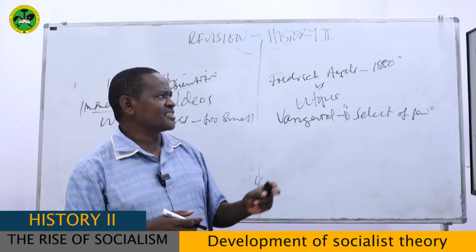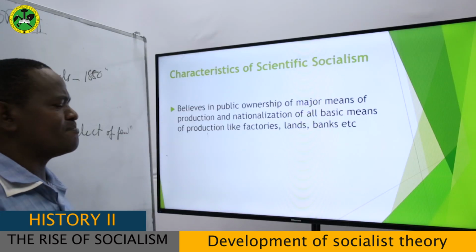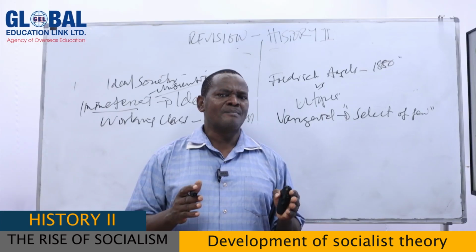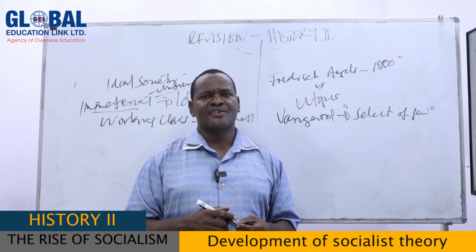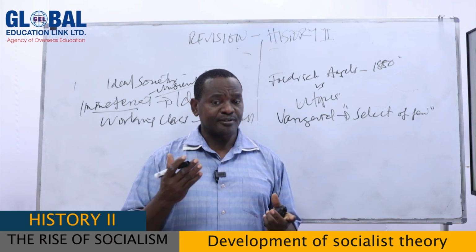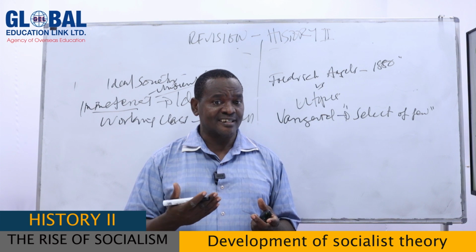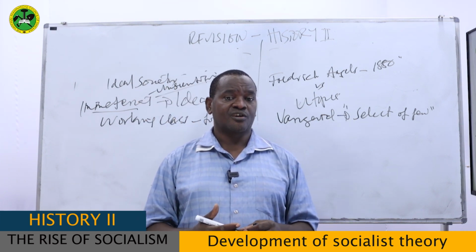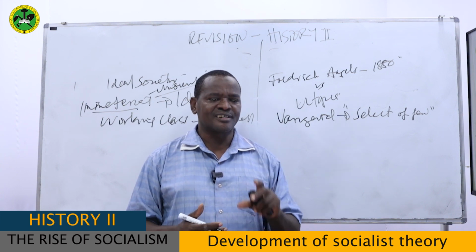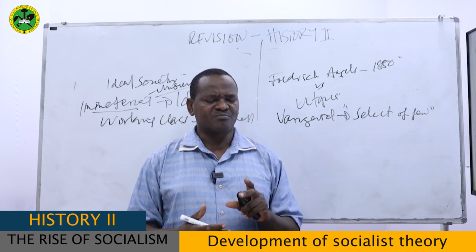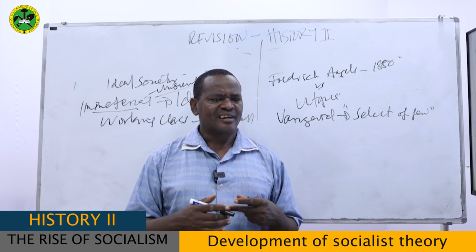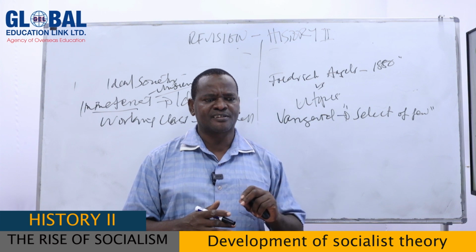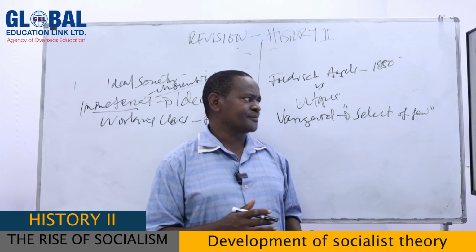Another characteristic is that they believe in public ownership of the major means of production. They believe that the major means of production should be owned by the public. And in the process of that ownership, as we have said, it will be attained through revolution, but also through nationalization of all major means of production, including banks, industries, and land, and many other major means of production should be nationalized for the establishment of a socialist society.